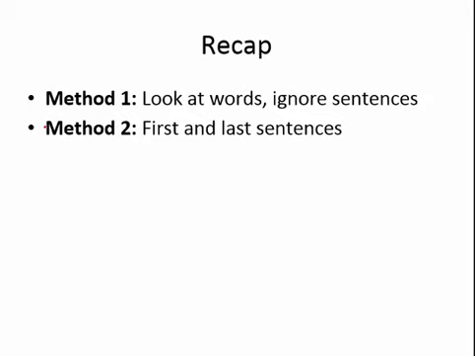The concept is to save time and to really target in a strategic way the information you need to answer these main idea questions. You can either just look for words in the paragraph to see if you can figure it out that way, or a really good method, especially for these matching heading questions, is to look at first and last sentences to go find your main idea information there.